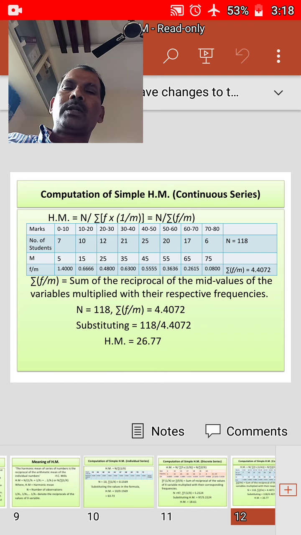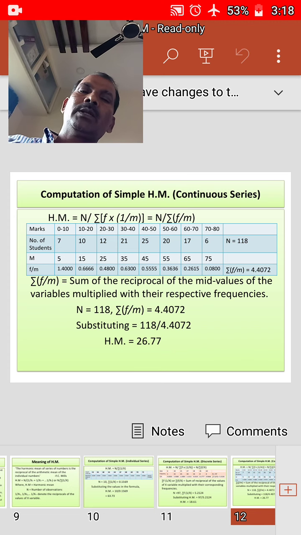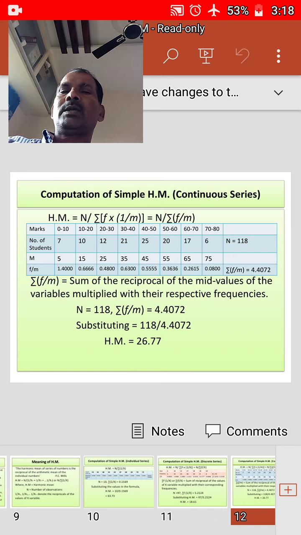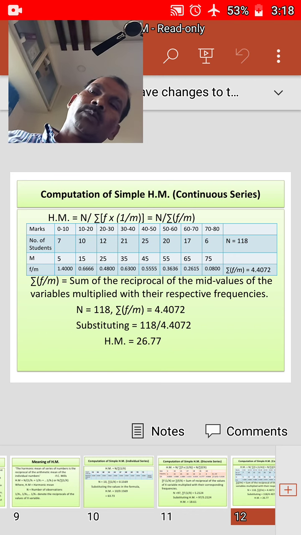If you sum all these, that becomes sigma f by m, which is equal to 4.4072. Sigma f by m is the sum of the reciprocals of the mid values of the variables multiplied with their respective frequencies, as we already studied in the procedure.